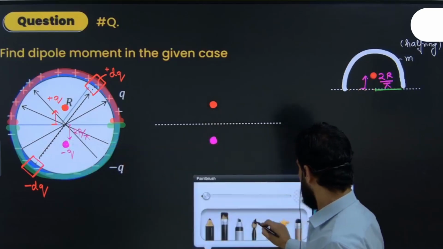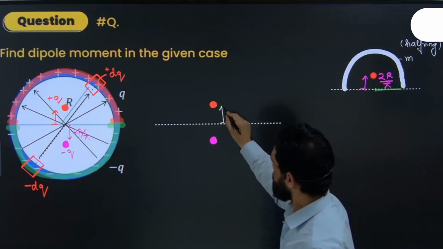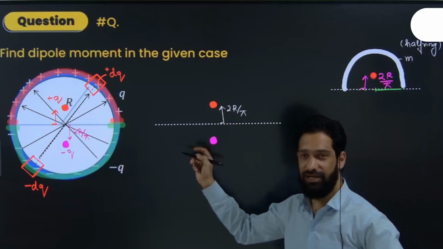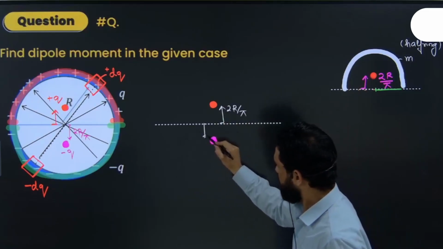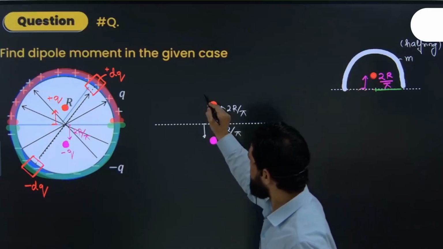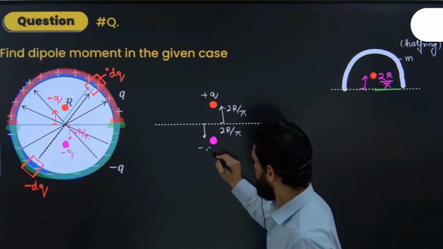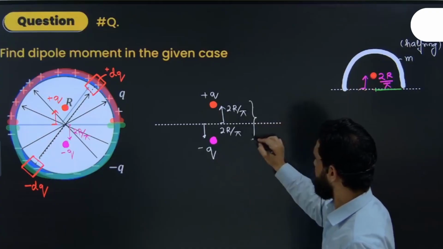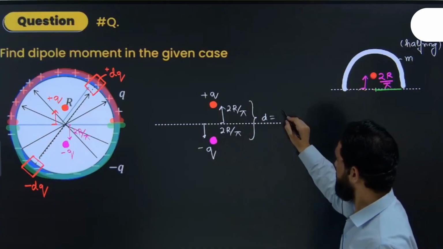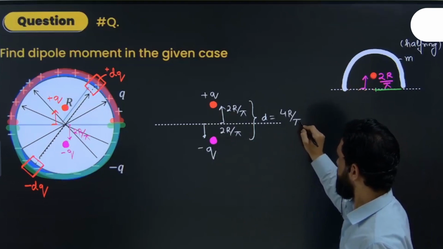Now that plus q is at a distance of 2r by pi from this dotted baseline, and another is also at 2r by pi. So technically we can say this positive q and negative q are having a distance between them, and the distance is 2r by pi, 2r by pi, double of it, it becomes 4r upon pi.